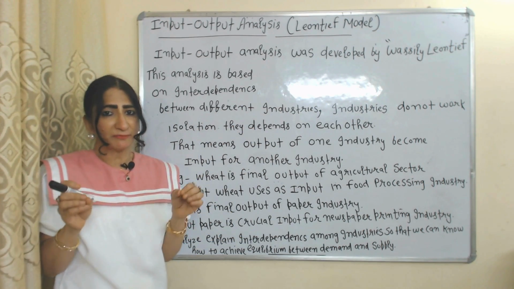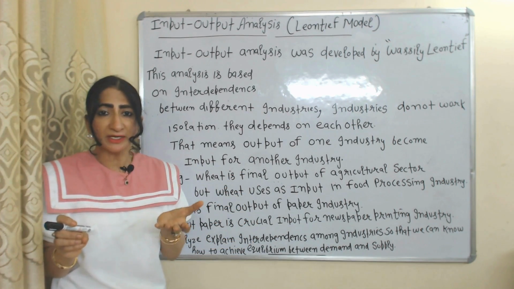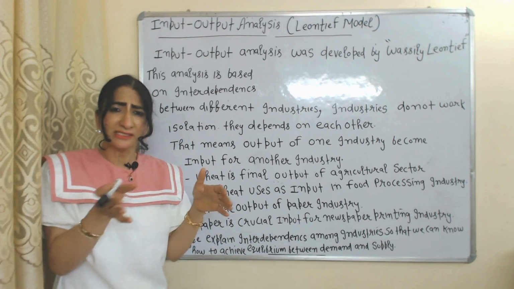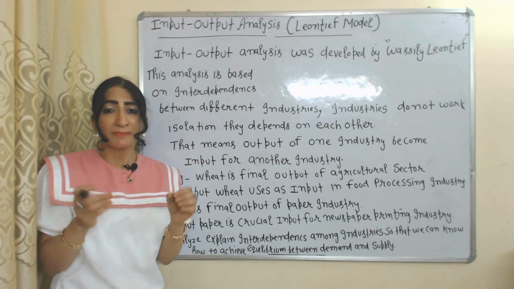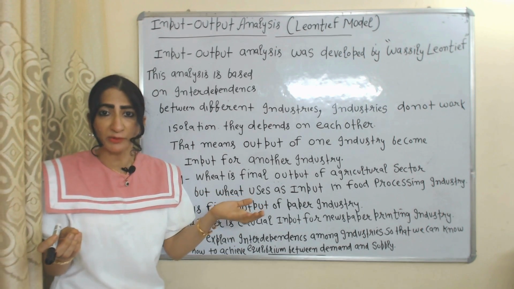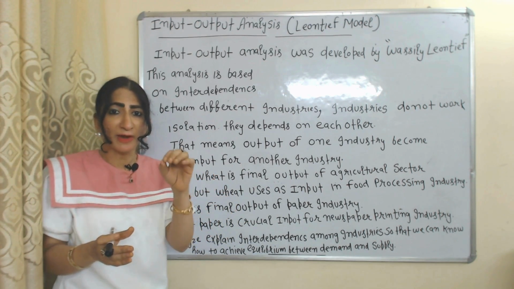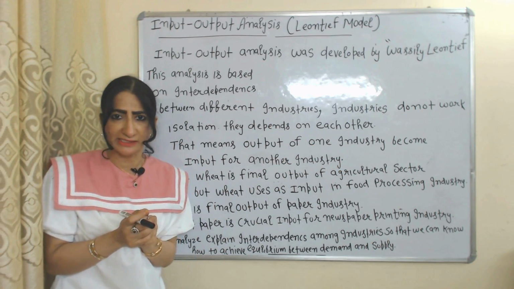For example, wheat is a final output for the agriculture sector, but wheat is used as an input for the food processing industry. Similarly, paper is a final output for the paper industry, but paper is a crucial input for the newspaper printing industry. So here you can see the final output of one industry becomes input for another industry.